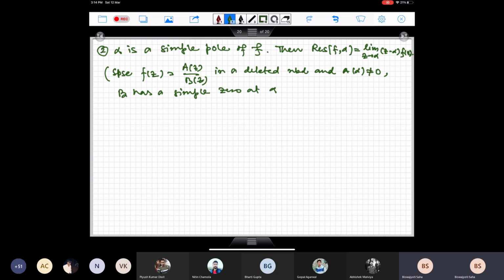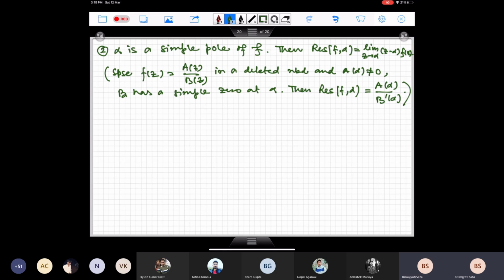So that means b of alpha is 0, but the derivative of b at alpha is not equal to 0. Then the residue of f at alpha is a of alpha divided by b prime of alpha. Okay, we will see how to get both of them.